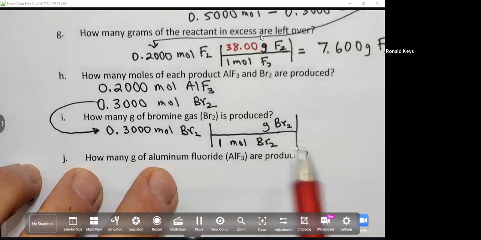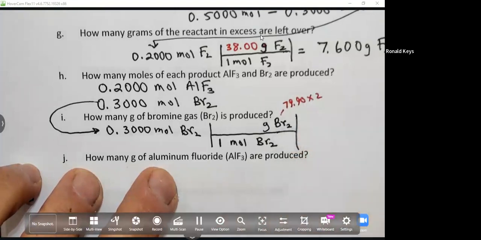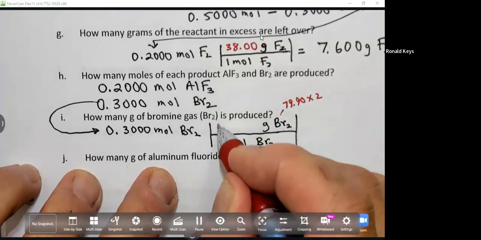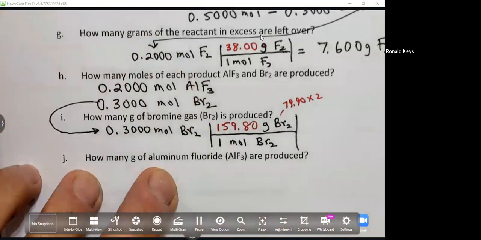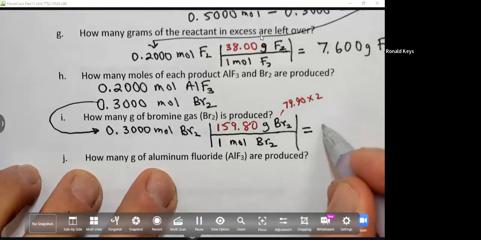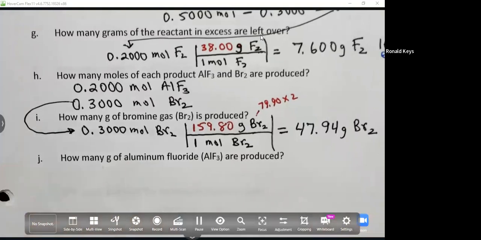So 79.9 times 2, 159.8. Out to 4 sig figs again, 47.94 grams.